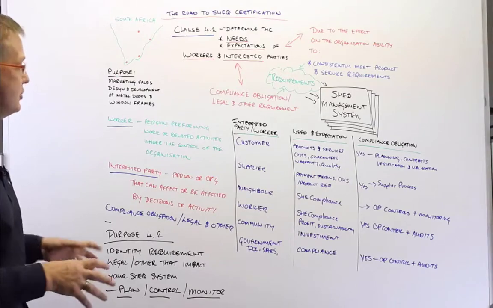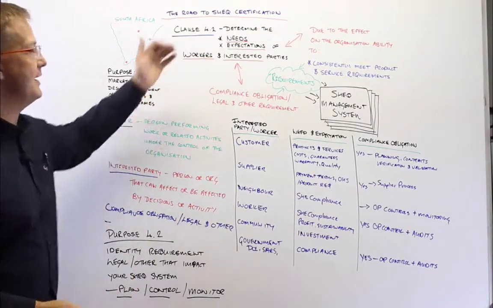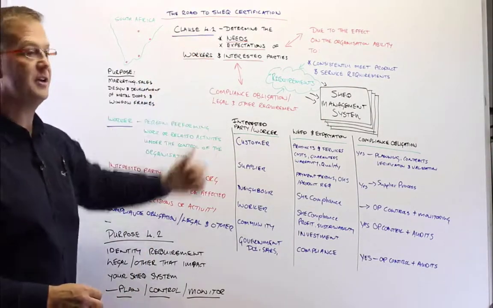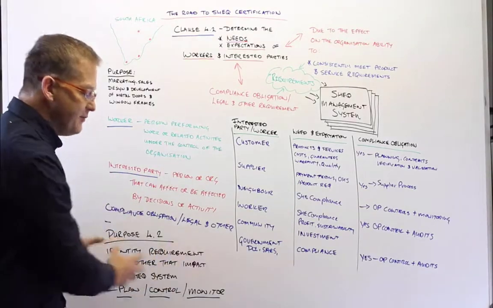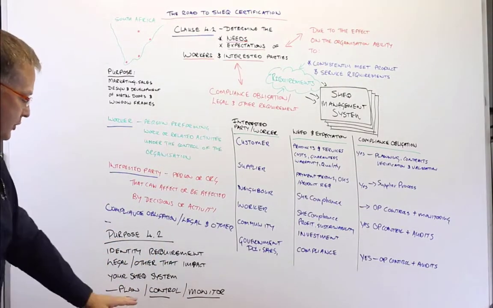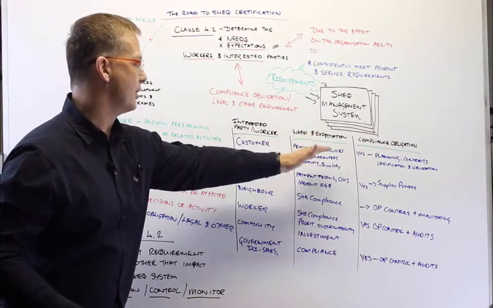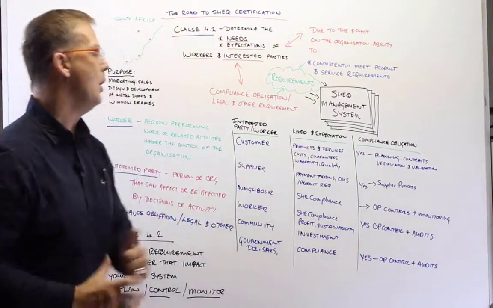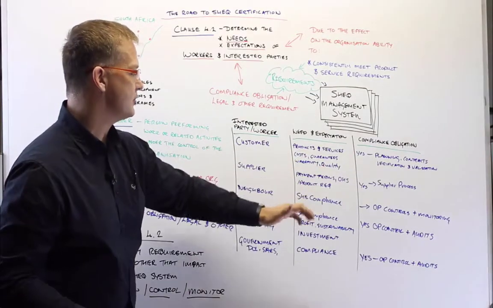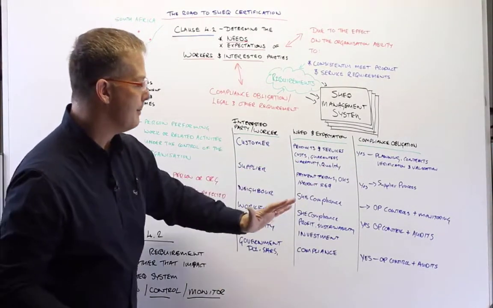In 4.2, we further identify needs and expectations of workers and interested parties. We identify those requirements so that we can plan for them. We can plan to meet customer product and service requirements. We can define warranties, payment terms and product requirements, and we can manage our SHE compliance.